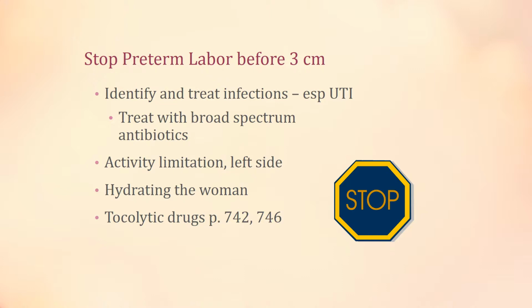And the tocolytic drugs that we were talking about and the other drugs would be on page 742 and 743. Please take note, some of these drugs are used for other things besides preterm labor. So take a look at all the other uses they have. This is on page 742 and 743 of your book.